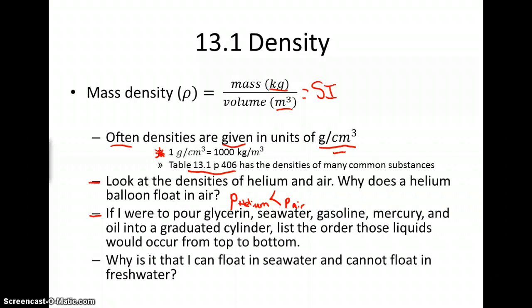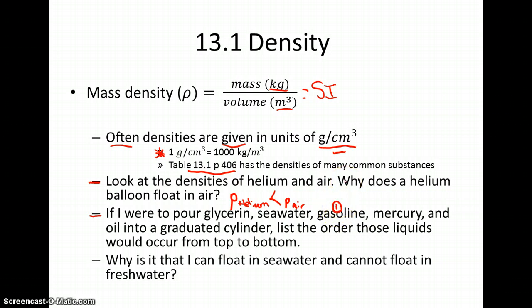All right, and so if you're looking at that table, you are realizing that they are listing things from the least dense to the most dense. And so what I see is that my gasoline is going to be on top. Okay, and so gasoline is going to be the first one.